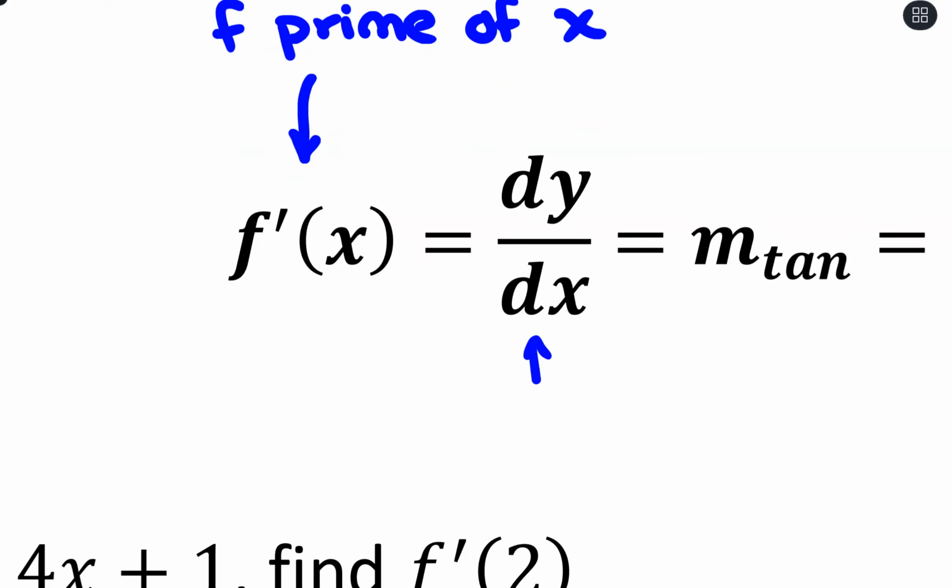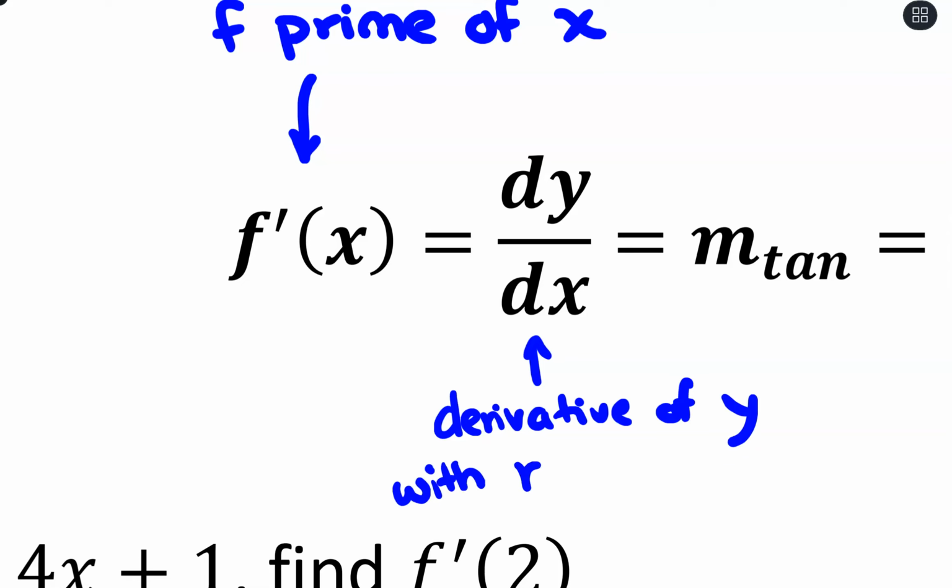Let's write that down. Derivative of y with respect to x. So what that's telling us is what our output value is and what our input value is.